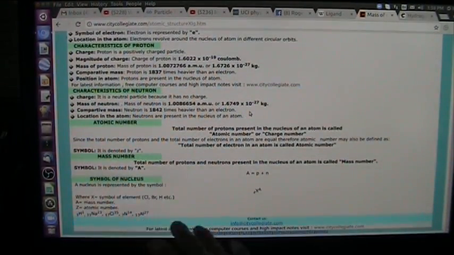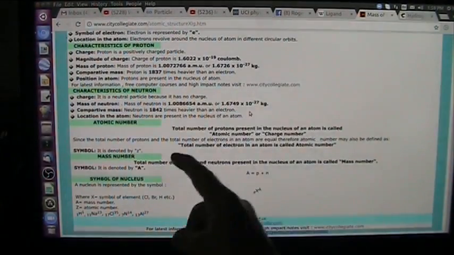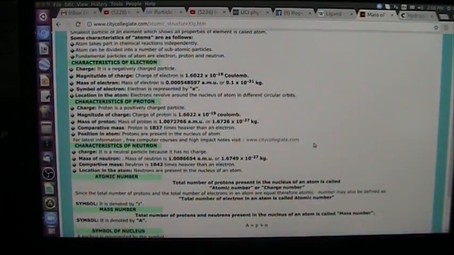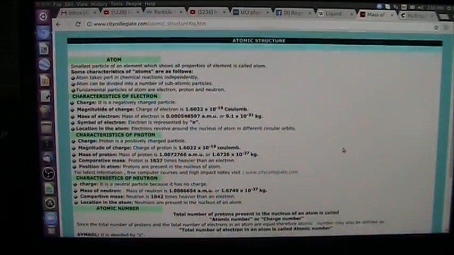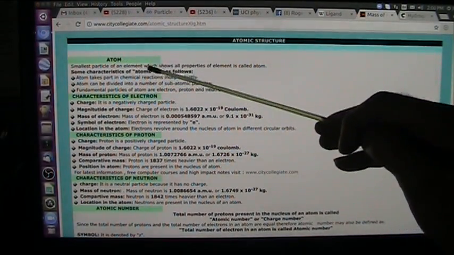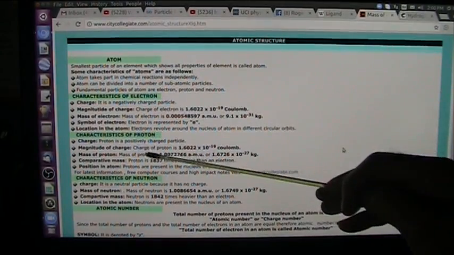Then it goes down here and it talks about how you read these symbols and what it means. Now, some of them, this is the key. This is the key to magnetism, to electricity, to all of the different electromagnetic interactions you see, how solenoids can do this and that, and how motors work. It is because some atoms do not have the same number of electrons and protons.